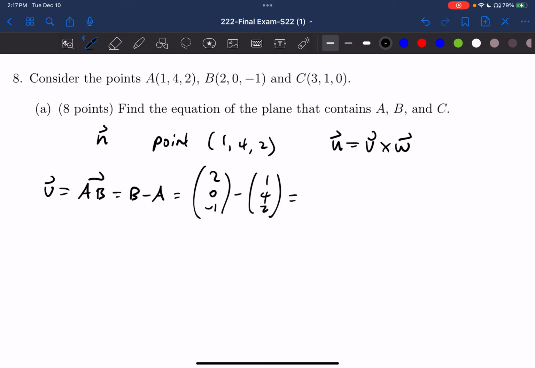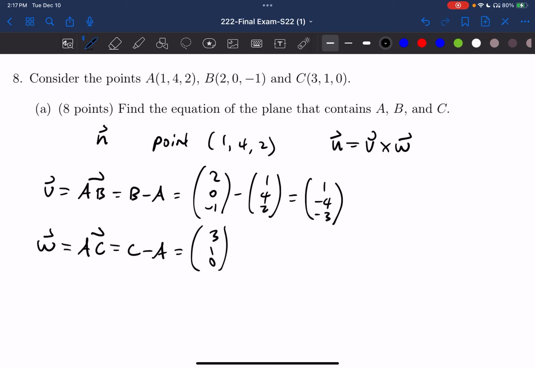This will be equal to 2 minus 1, which is 1, negative 4, and negative 1 minus 2 is going to be negative 3. And our w, we can say that is equal to AC, which will be equal to C minus A, which is (3, 1, 0) minus (1, 4, 2). This will be equal to 3 minus 1, which is 2, 1 minus negative 4, which is 5, and 0 minus 2 is going to be negative 2.